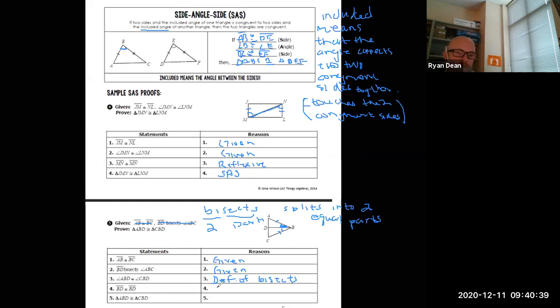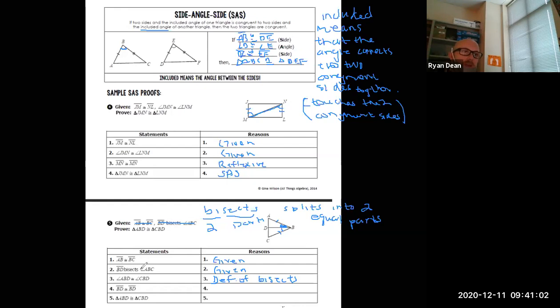Just a little hint for you. Anytime that you see one of your key definitions, whether it's up here in the given or down here in the proof, it doesn't matter, the term that you're using is going to be listed first.